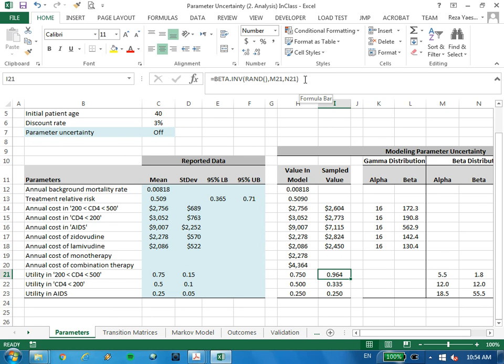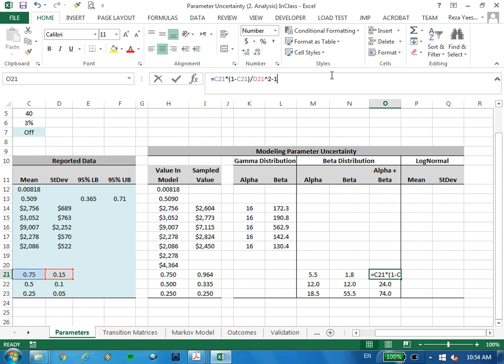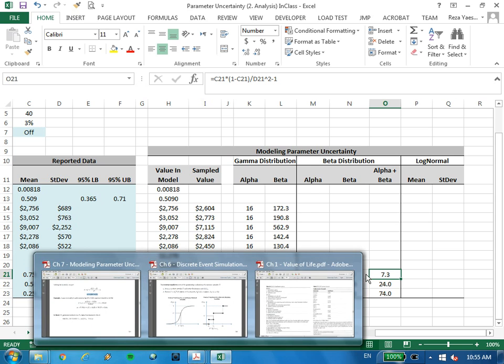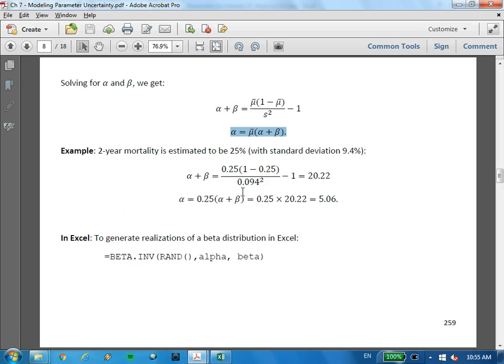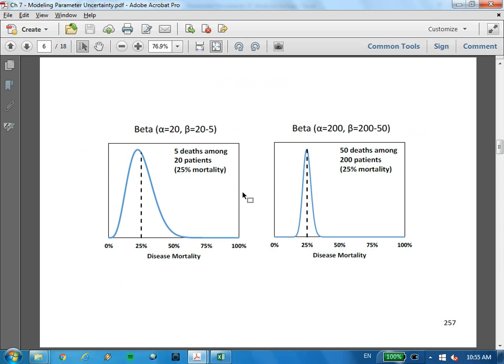Is there any question? Can you go back to calculating the alpha plus beta? Yes. Are those the two main distributions we use?